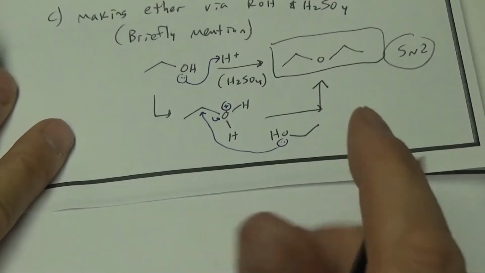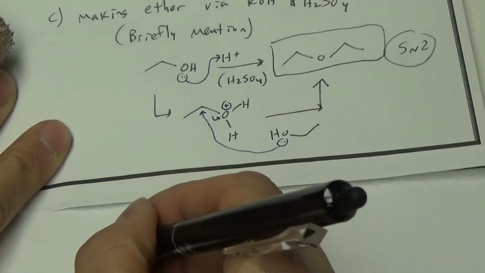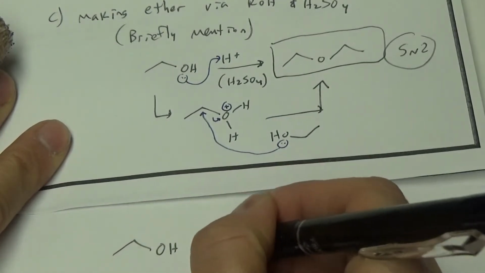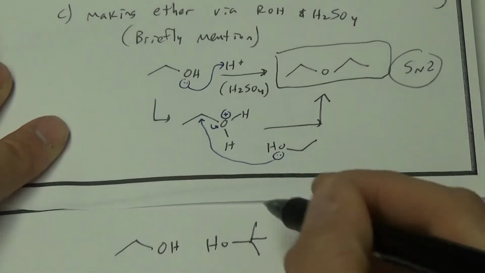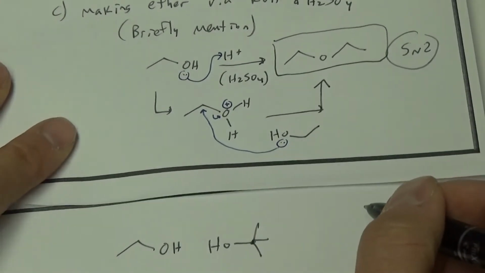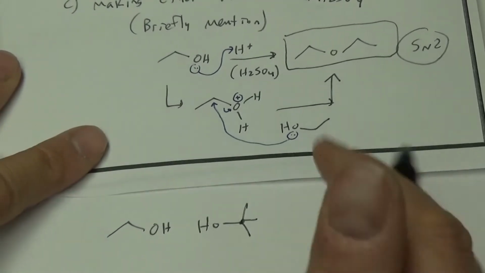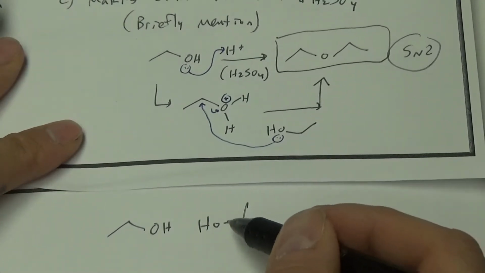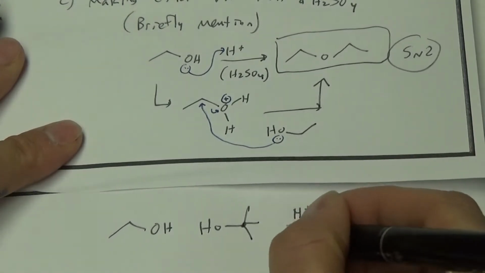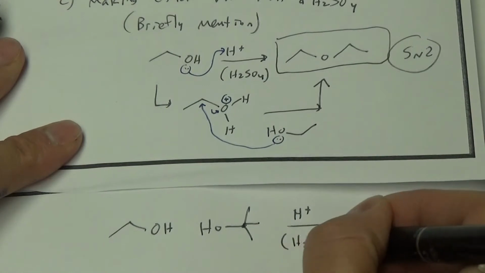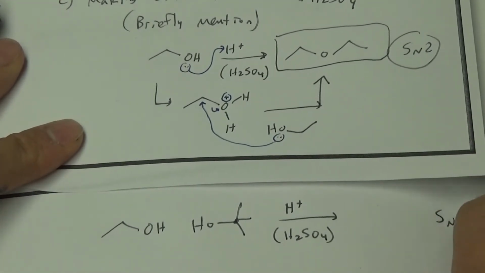And a different example. So if I have ethanol and a tertiary alcohol, okay, tertiary alcohols open the door up to SN1 chemistry, right? Because of tertiary carbocations. This is a way to use H+, which is H2SO4, to make ether by an SN1 style reaction.